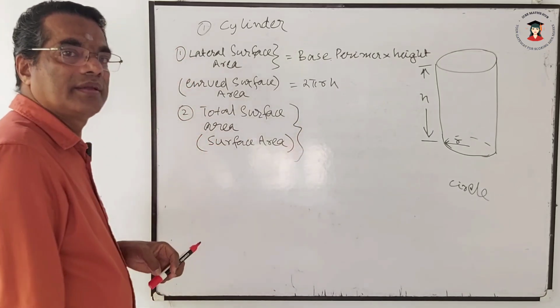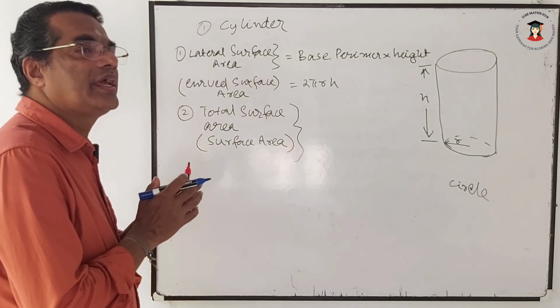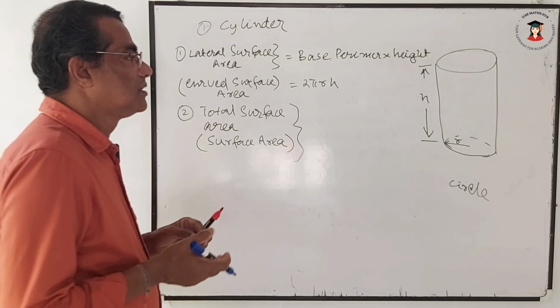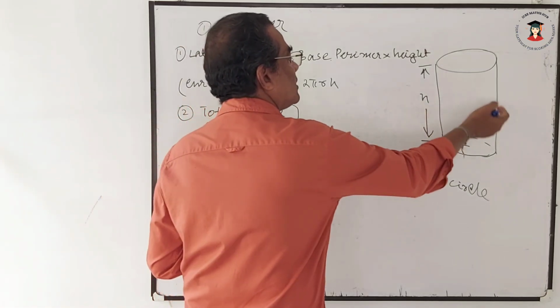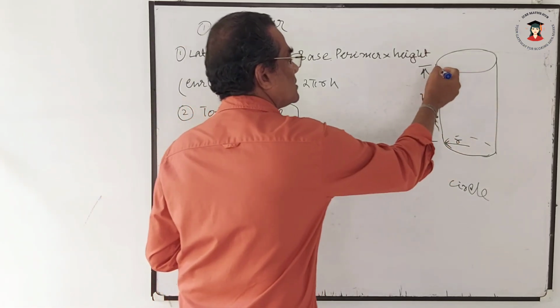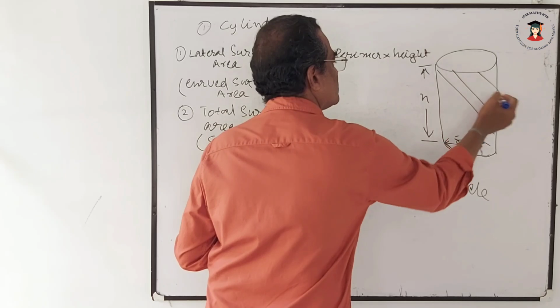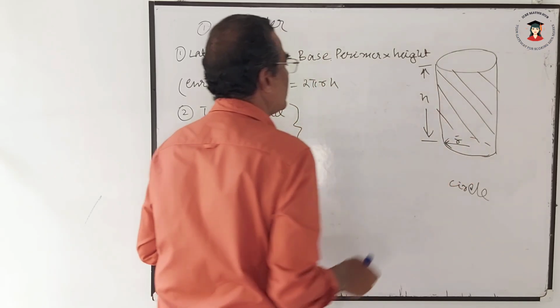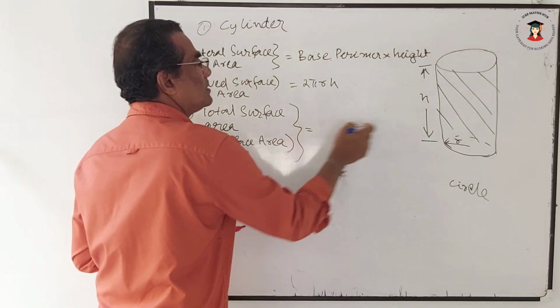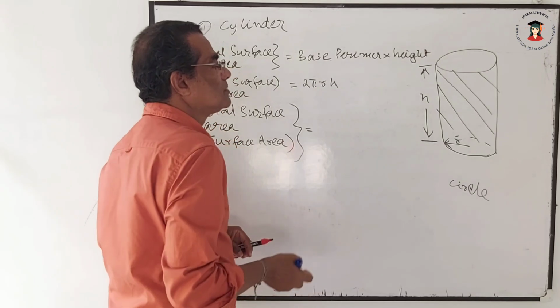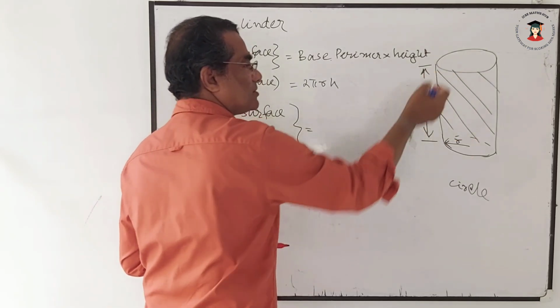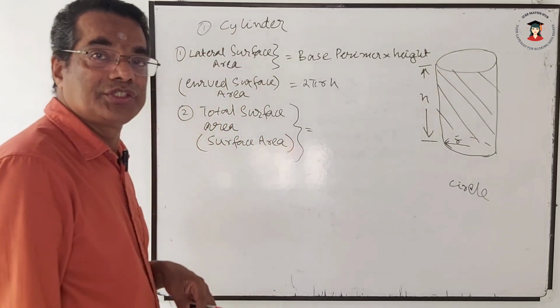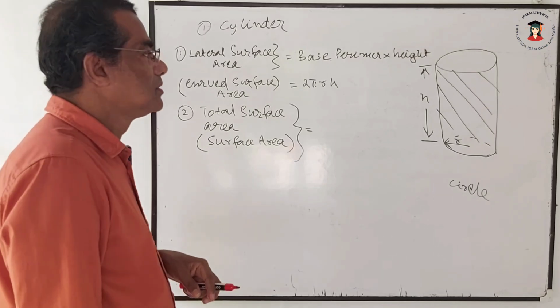Total surface area, by its name, means the area of all the surfaces. We know the area of the lateral surface that we just found out. The lateral surface area is 2 pi r h, and there are two bases of area each equal to pi r square.